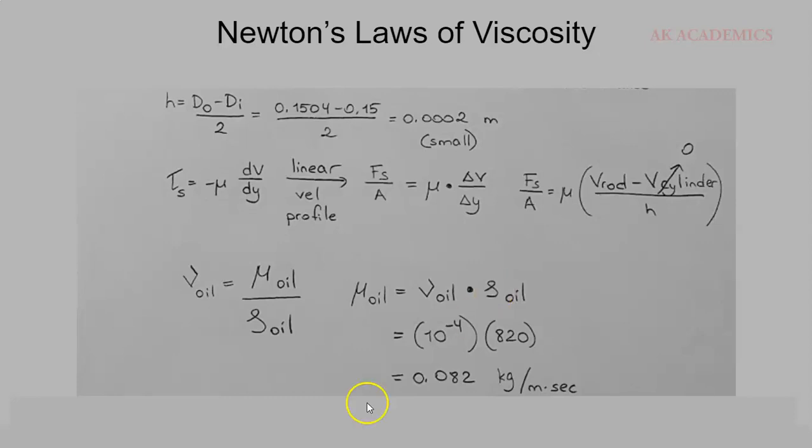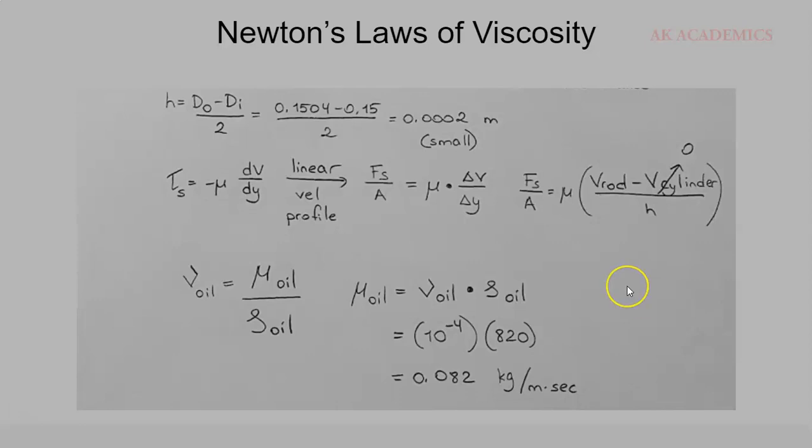If we do that, we would obtain 820. So 820, you put that here, multiplied by 10 raised to the power minus 4 will give us 0.082 kilogram per meter second. So this gives us the viscosity of the oil.